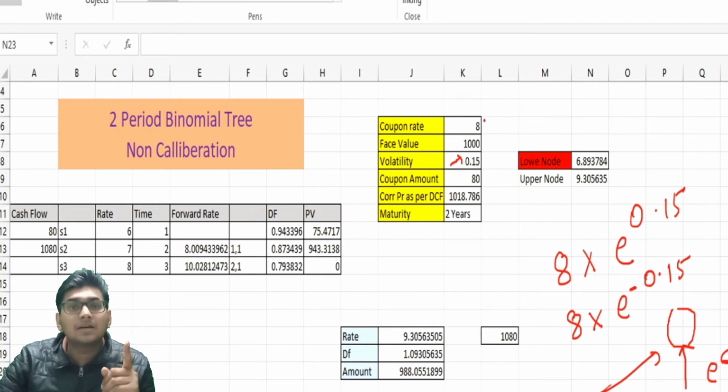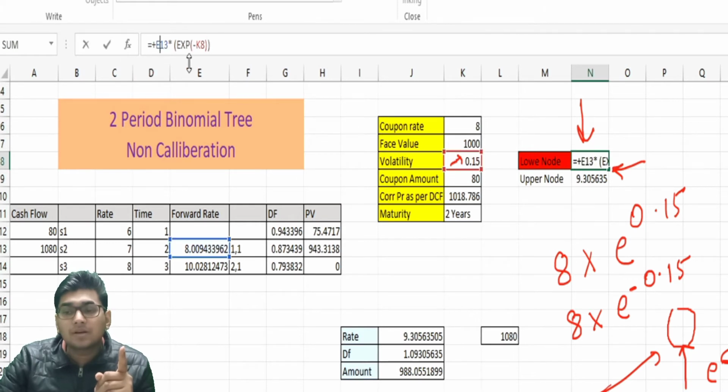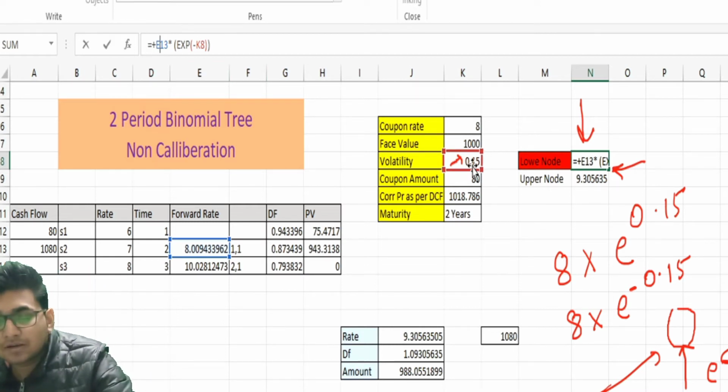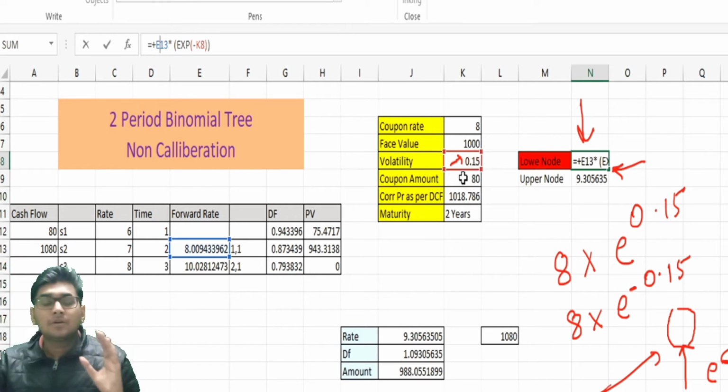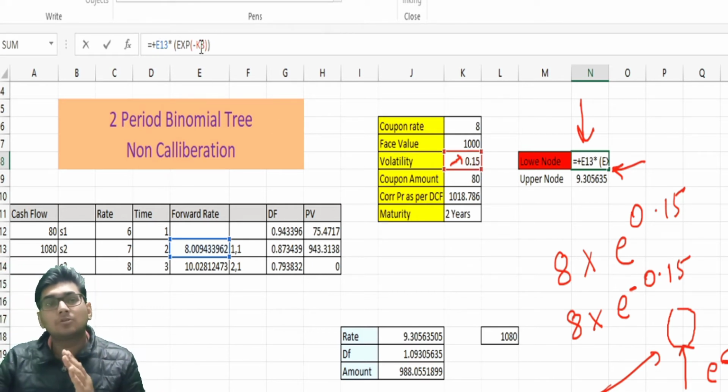K8 is nothing but the volatility. So e to the power x, but it is negative. Why? Because this is the lower node. In the upper node, it is exponential K8. There is no negative sign. Clear?